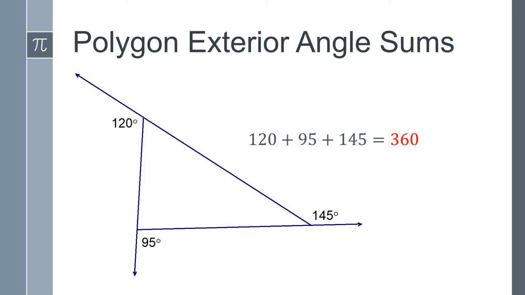Now, if we take those exterior angles of 120, 95, and 145 and add them together, we come up with 360. So that's for triangles. Now, imagine what the exterior angle sums are for a quadrilateral.